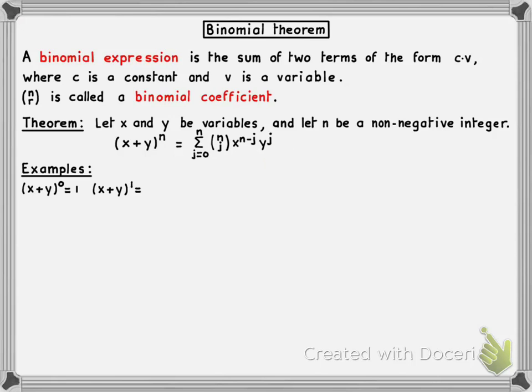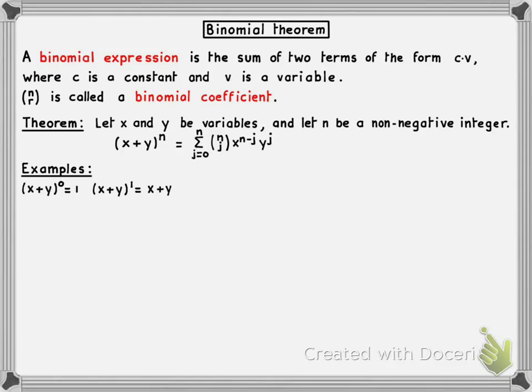So the first term is going to be an x, and then for j equal to 1, we have 1 choose 1, that's 1, times x^(1 minus 1), that's x^0, or 1, and then we are left with y^1, which is y. So again, the binomial theorem gives us the right answer for n equals 1.